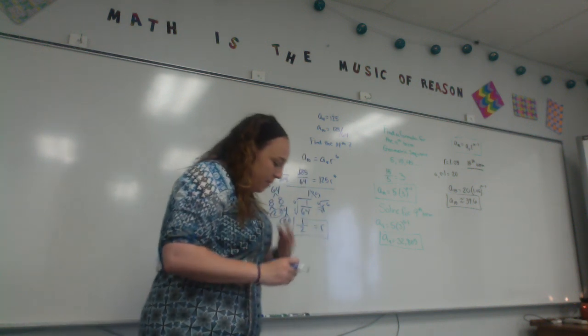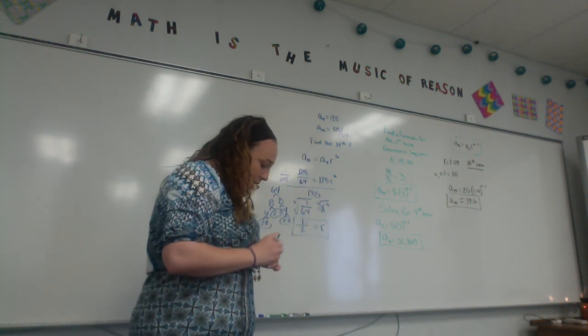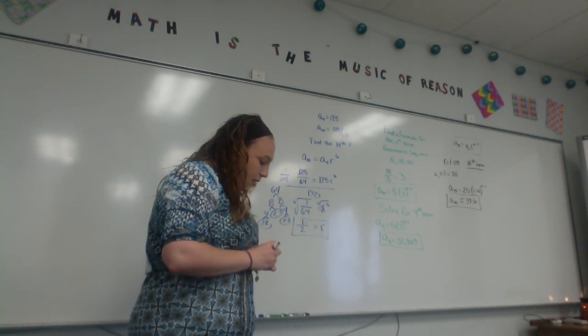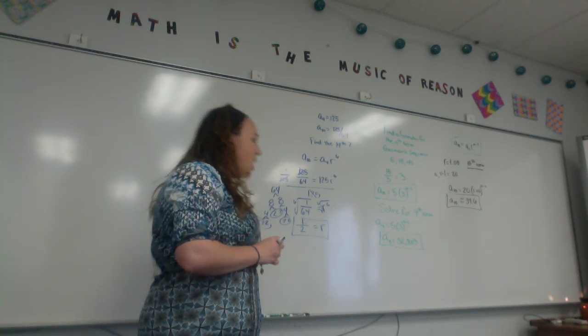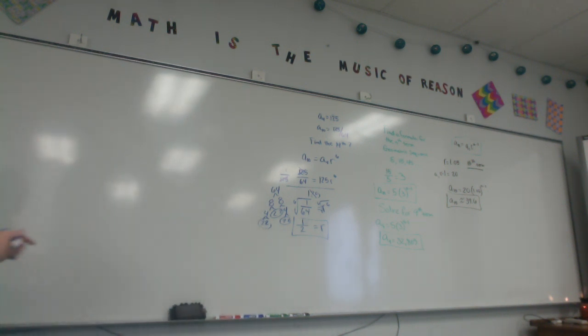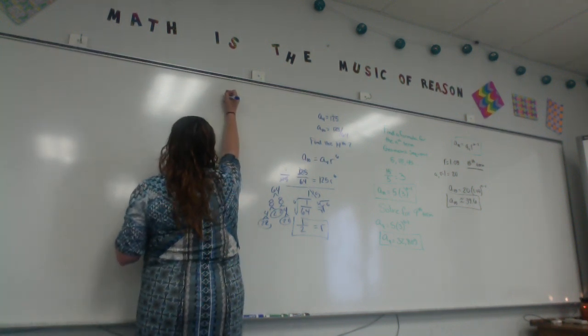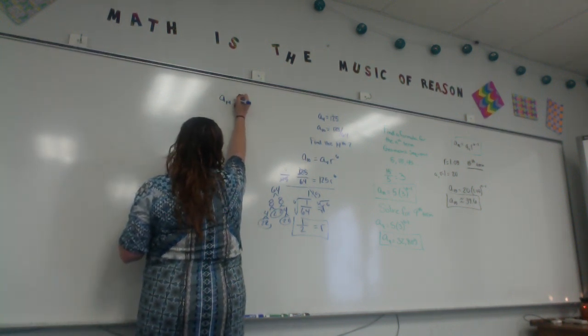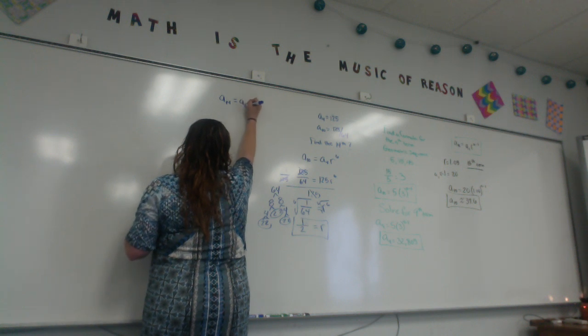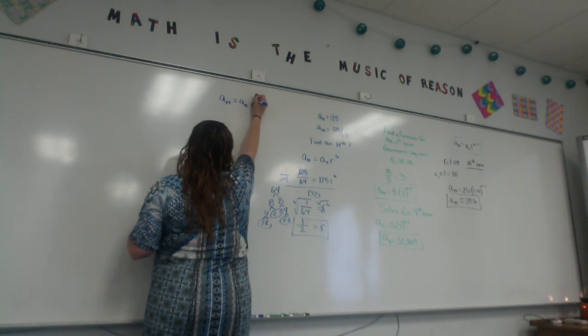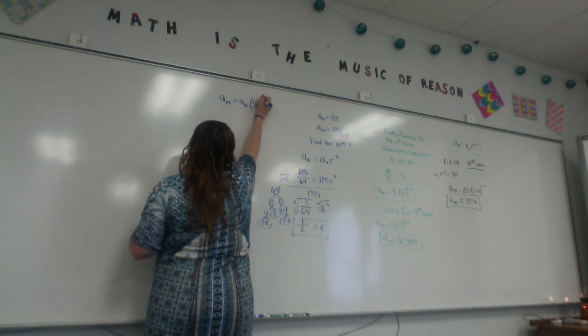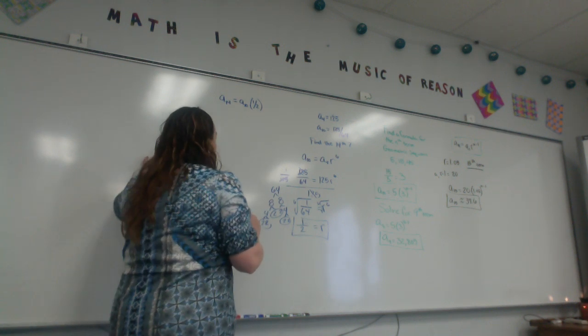From there, I can now create an equation to find the 14th term, because the 14th term can relate to the 10th term. And you always put the largest term on one side of the equal sign. So a of the 14th term equals a of the 10th term times my ratio, which is now 1/2.